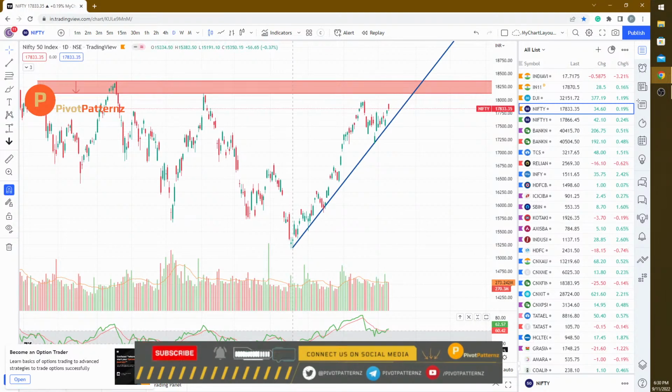If you also see this RSI, it started from 29 and shot up till 83. It was time to cool down. It has cooled down a bit, but still some consolidation should happen. Only then would this breakout of 18,000 last, and buyers would get confidence. So this is pretty much on Nifty.